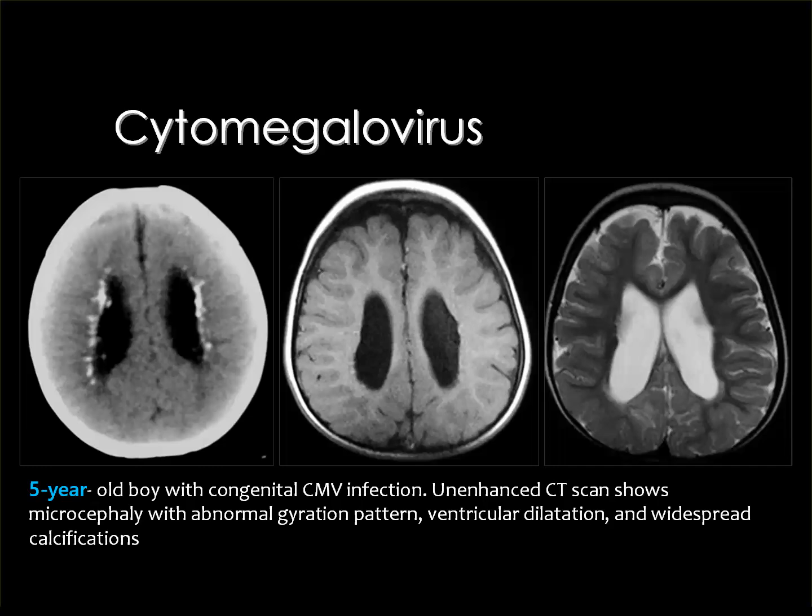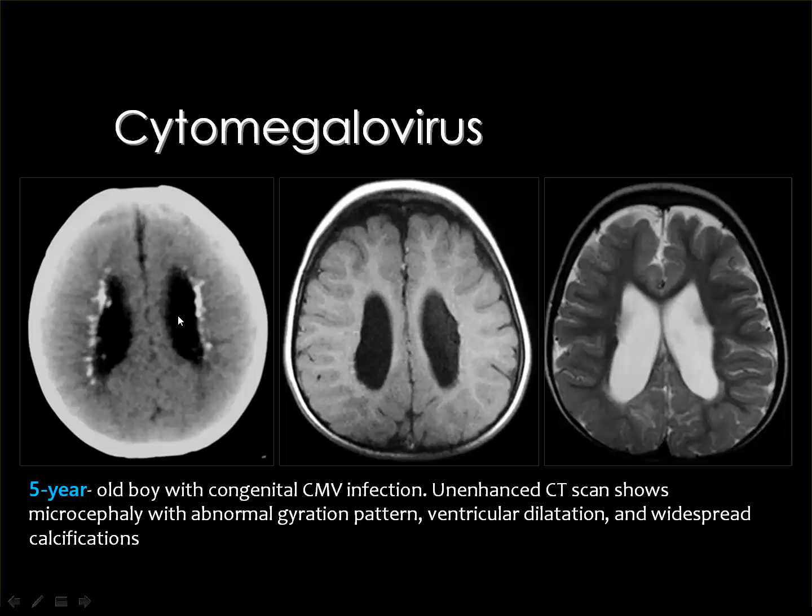Remember that the small calcifications seen on CT are not seen on MRI. This is an example, a patient with cytomegalovirus. See the periventricular calcifications that are not seen in the T1 nor in the T2 weighted image. So if you started your exam with MRI, you will miss the diagnosis.